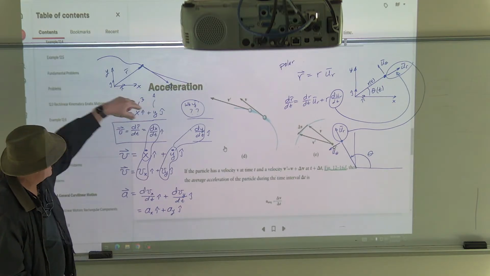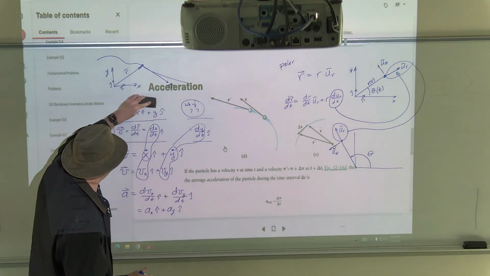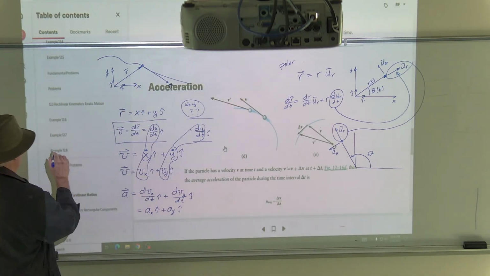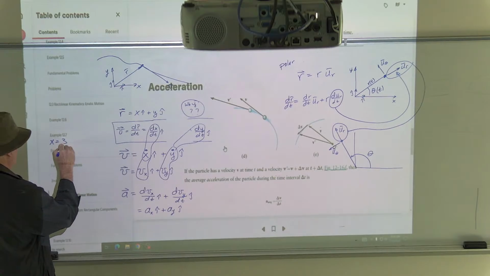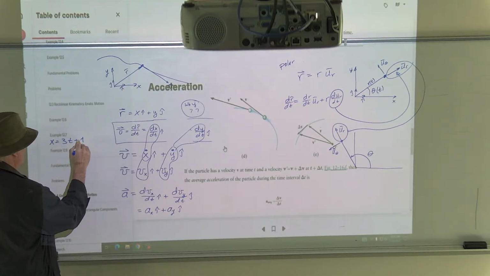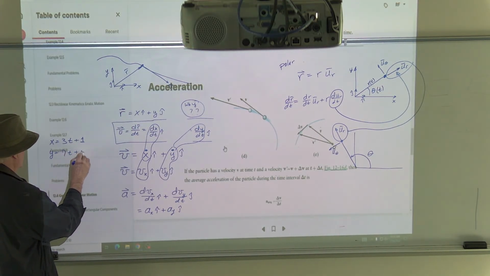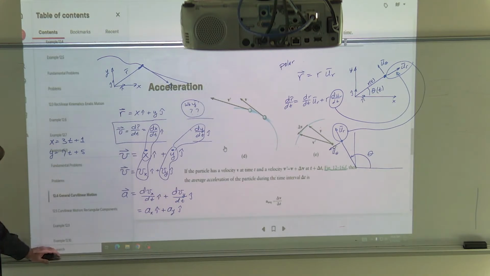Now the x and y are kind of independent. So if you had, let's just say, let's come up with one. Just going to make one up. x is equal to 3t plus 1. And y is equal to 7t plus 5. That's going to be pretty boring.